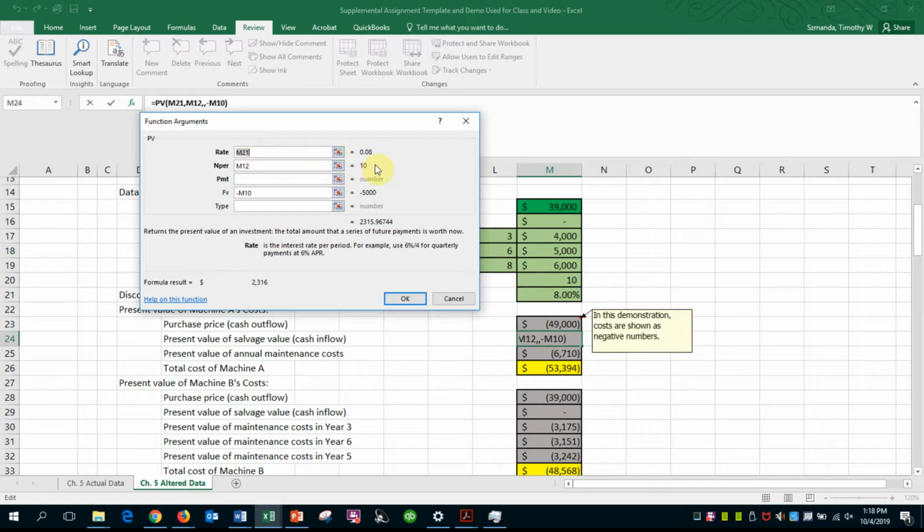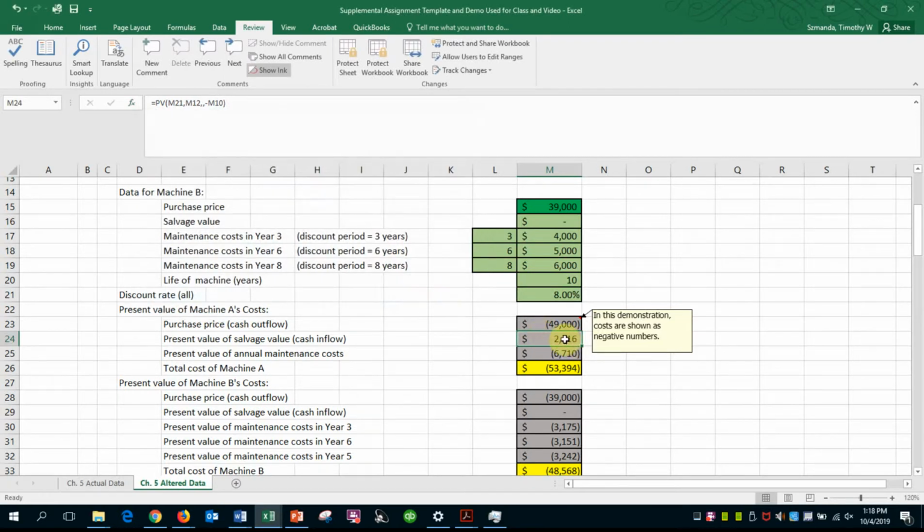So we enter 0.08 in the Excel rate argument, and then we also have to enter the payment amount, which is a negative $5,000 future value. So that's worth $23.16 on the positive side.